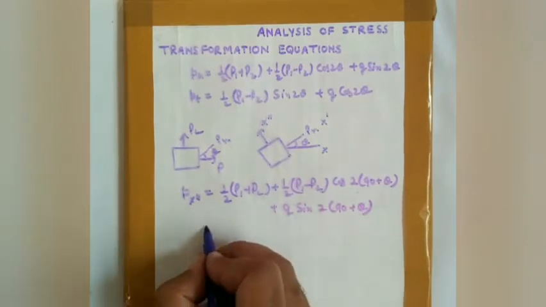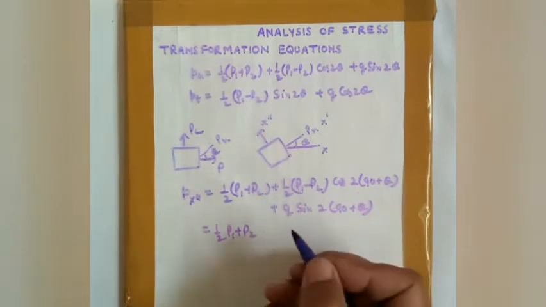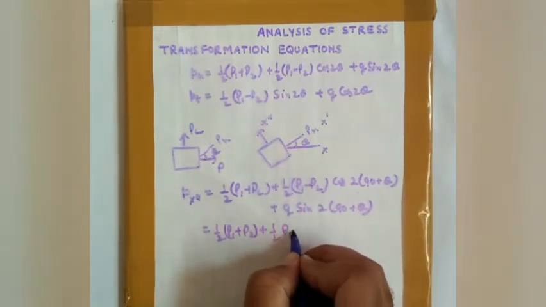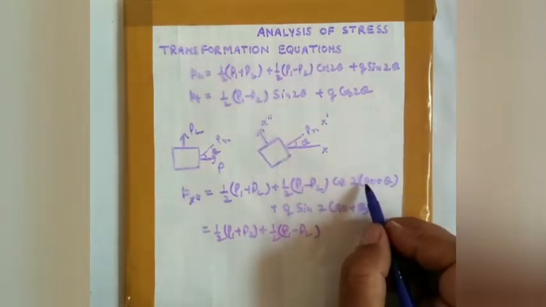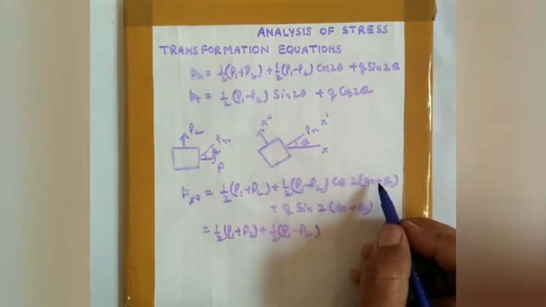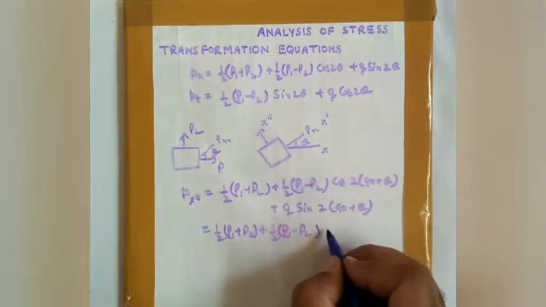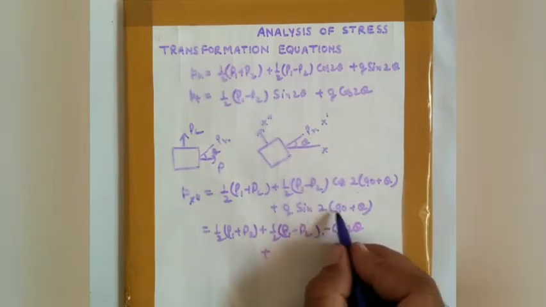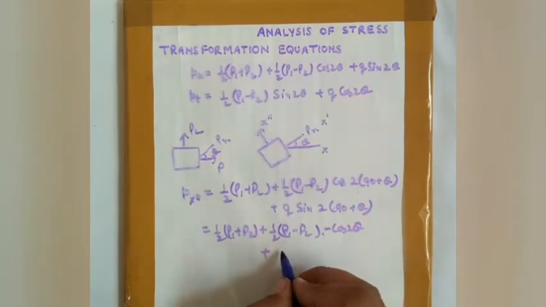Simplifying, we get 1/2 (P1 plus P2) plus 1/2 (P1 minus P2) cos(180 plus 2 theta), which would be minus cos 2 theta, and sin(180 plus 2 theta) would be minus sin 2 theta.